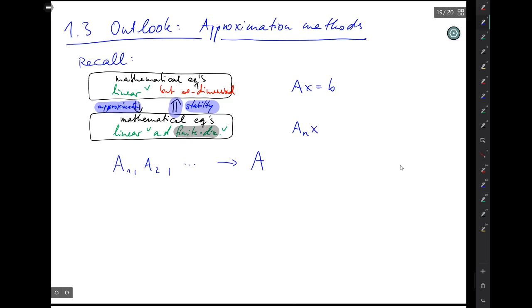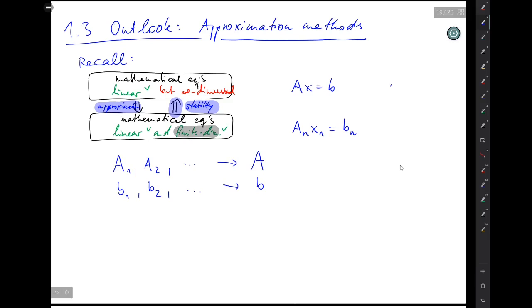A_n x. Well, this is then of course not the x from above, let's call it x_n because it will depend on n. And here the right hand side would be b_n. Also this is something that approximates the infinite dimensional right hand side. So you have b1, b2, and so on, convergent to b.